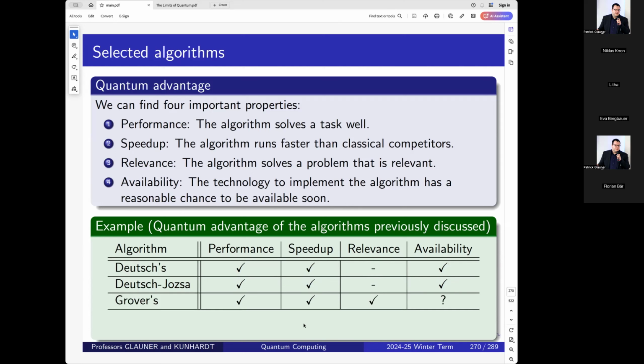The Grover algorithm, however, solves the black box search quite well, comes with a squared speedup, and solves absolutely a real world problem. But we don't know when quantum computers will be available that are large enough to run Grover's algorithm on a substantial input size of the black box function. It could be happening in a few years, it could be decades away. There's lots of uncertainty about this. And it's the same with Shor's algorithm.